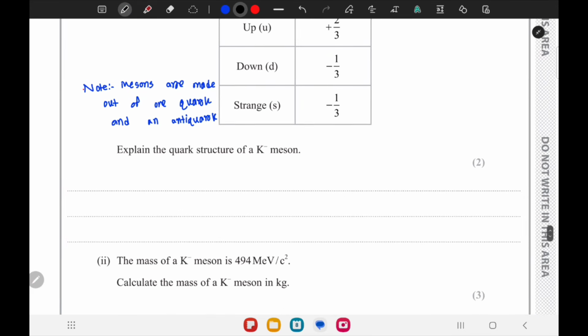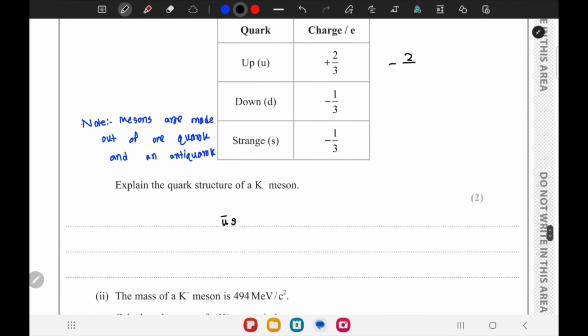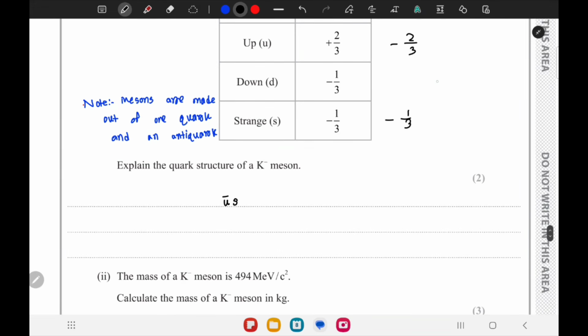So it will be made out of one anti-up and one strange. The charge of anti-up is -2/3 and that of strange is -1/3. So this will have a charge of -1, which matches our question.